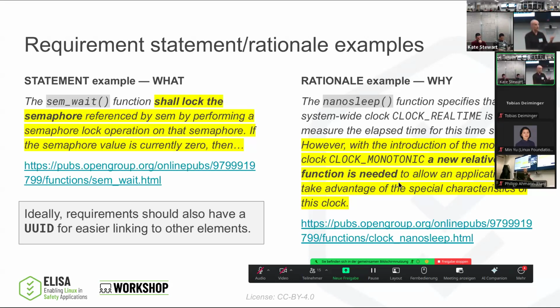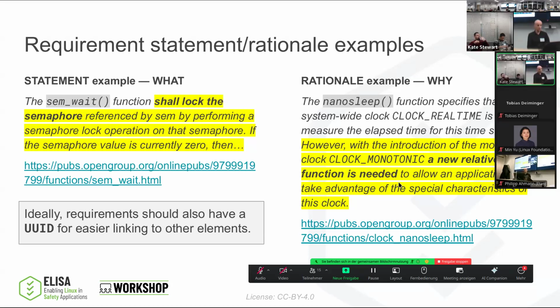In this case, we have a shell lock the semaphore, and then some other text, and we have rationale. The POSIX specification has a rationale chapter which says why something is needed, and in this case, we say that a new relative function, like the sleep function, is needed to allow something else. So we explain why something is used.